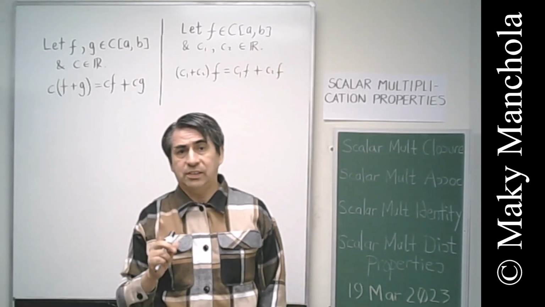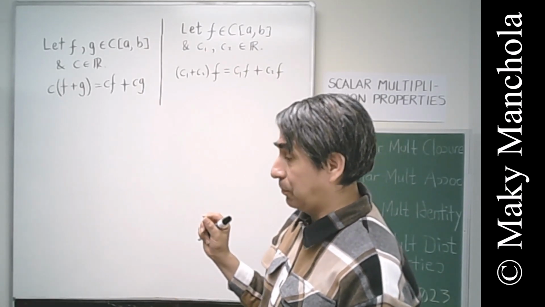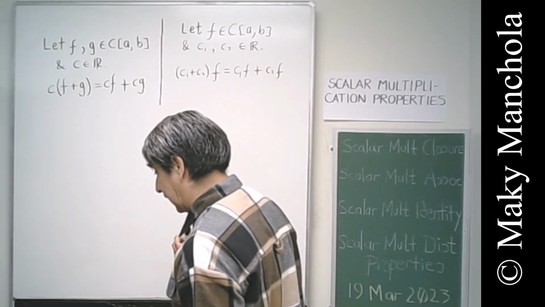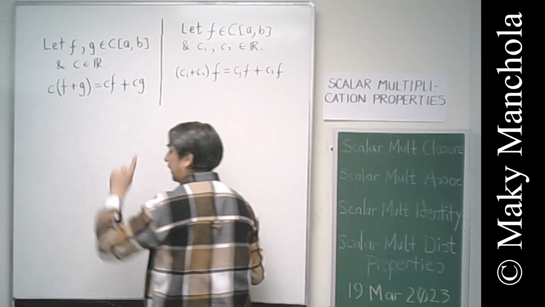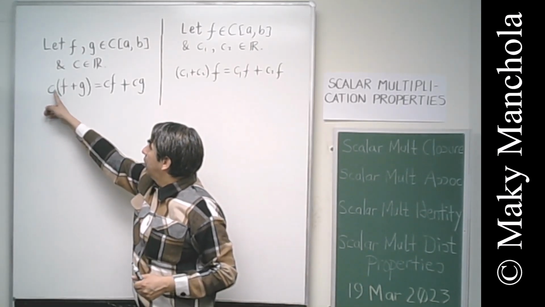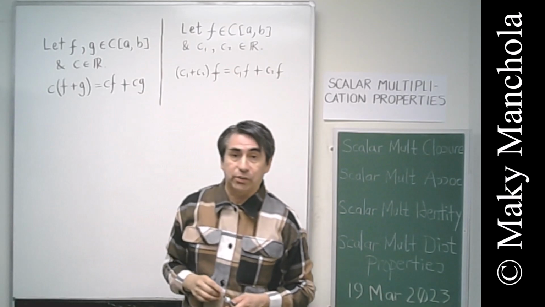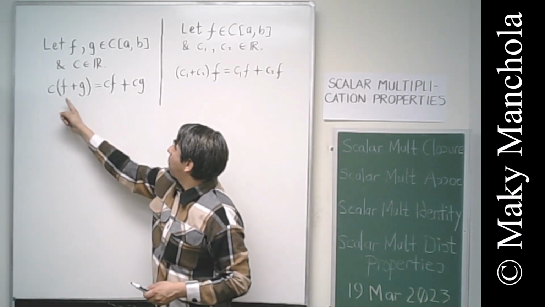Now, let's differentiate between these two distributions and then proceed to establish them. In our first property, we're saying that scalar multiplication distributes over function addition. So cf, cg.